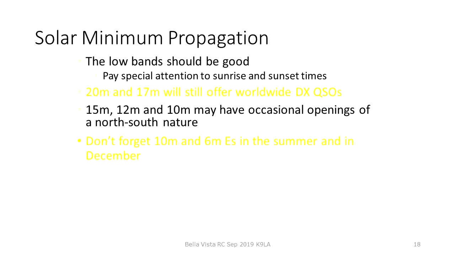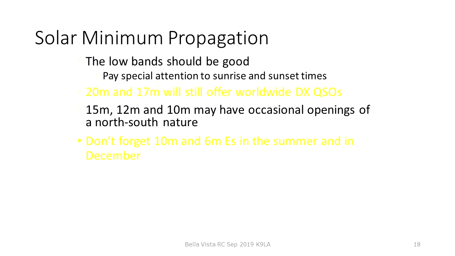That's because the paths to VK and ZL stay at low latitudes, and the equatorial ionosphere is really the most robust region of the ionosphere. So it can help the higher bands, even at solar minimum.